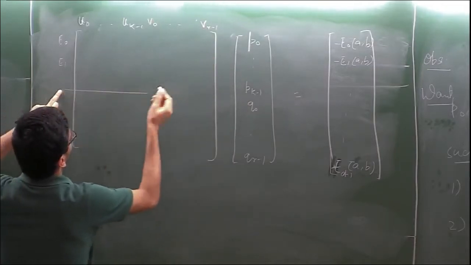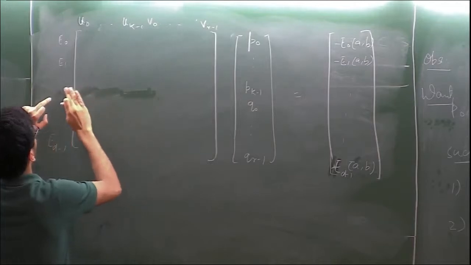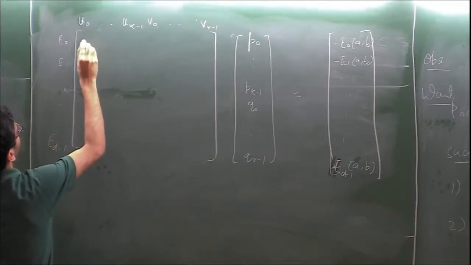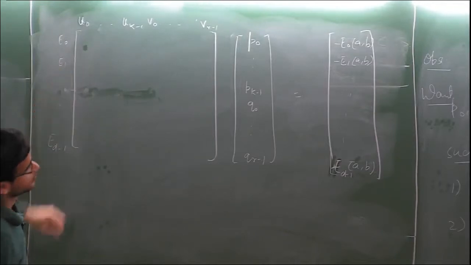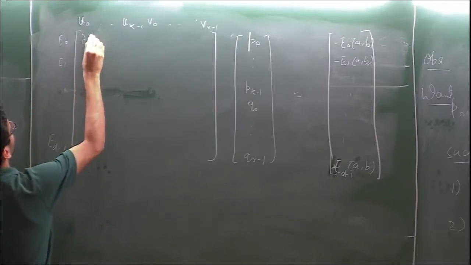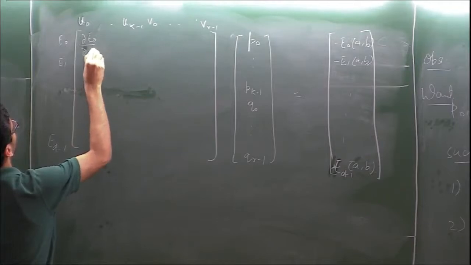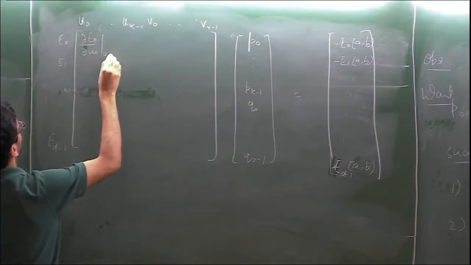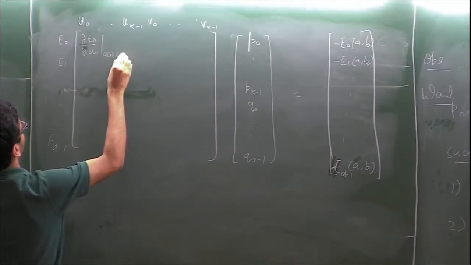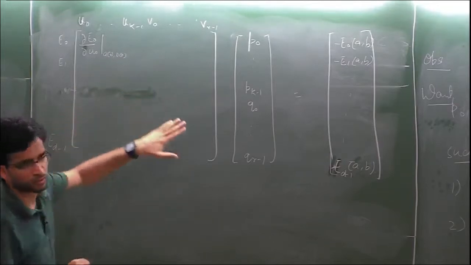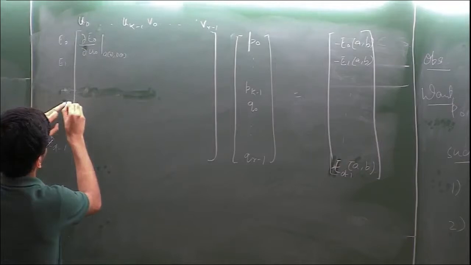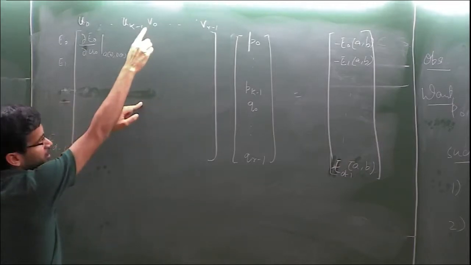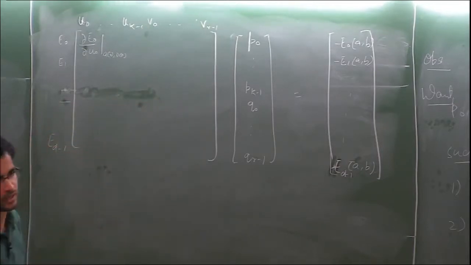And okay, so this entry here is going to be the derivative of E_0 with respect to u_0 evaluated at A_0, B_0, and so on. So the entry here is going to be the derivative of the row index with respect to the variable for the column index, evaluated at the point A_0, B_0.